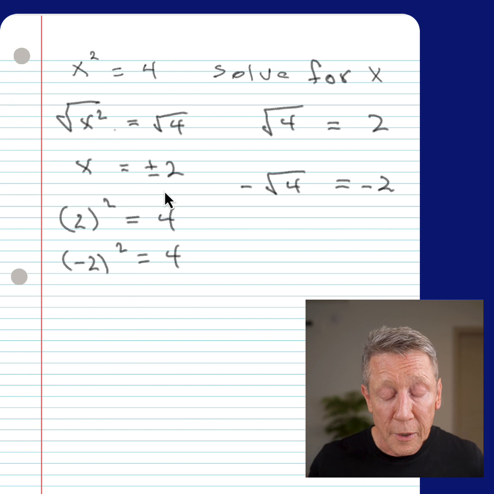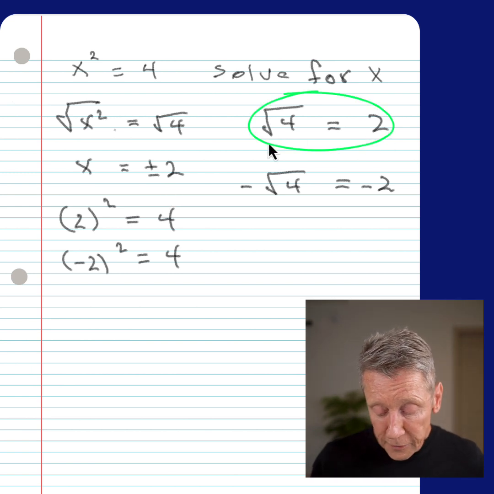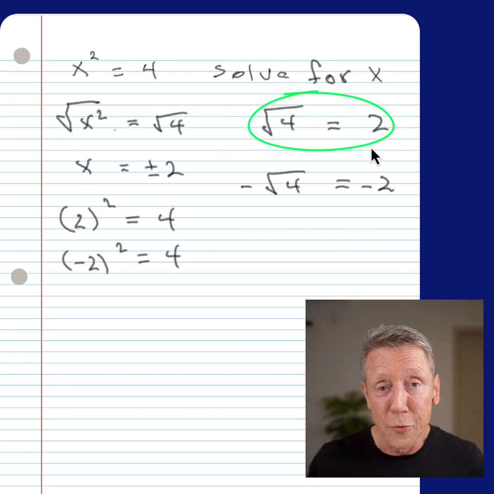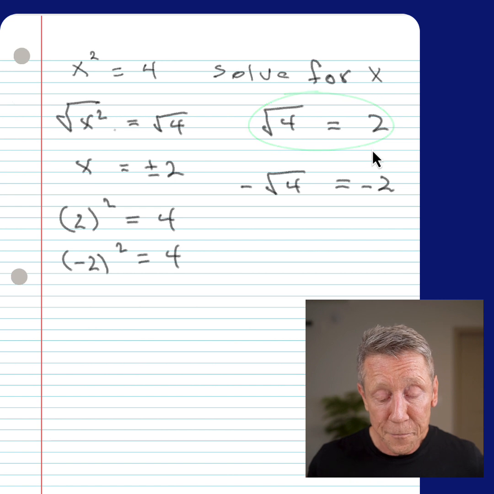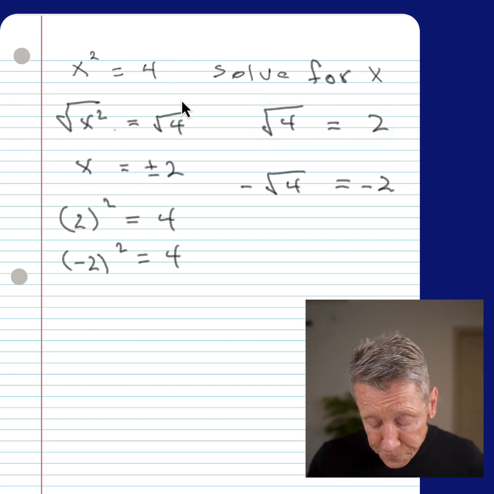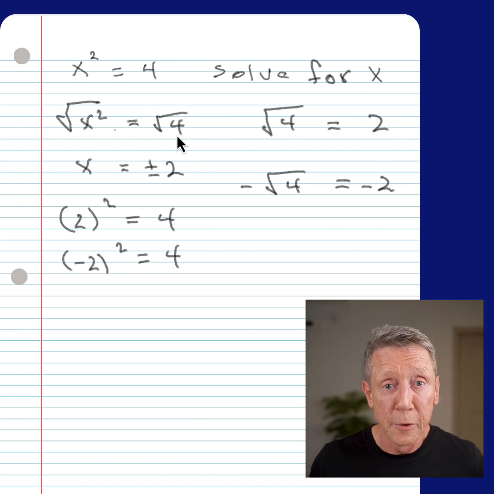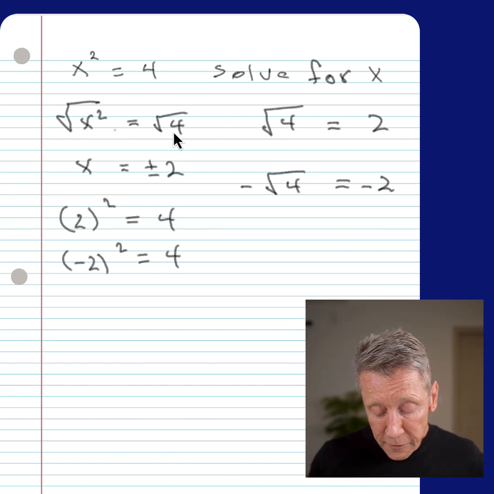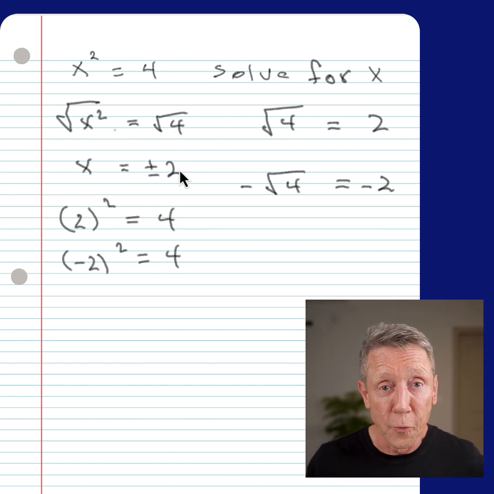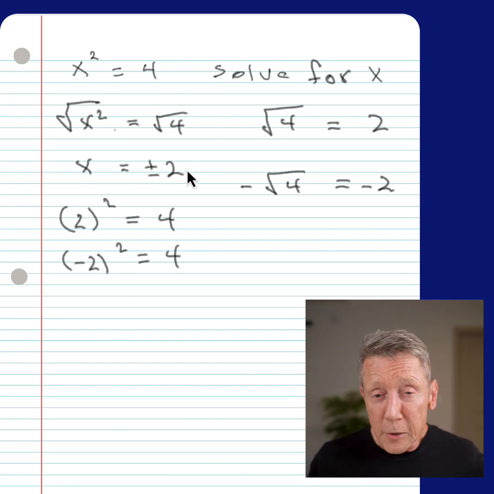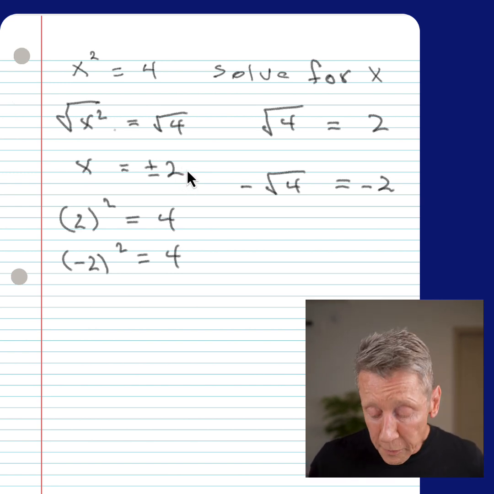It's just 2. And we show that right here. The root 4 is only 2. It is not plus or minus 2. So my first mistake is I'm saying there's only one answer, and there are 2. The second mistake is from here to here, where I'm saying root 4 is plus or minus 2, and it's not. It's just 2.